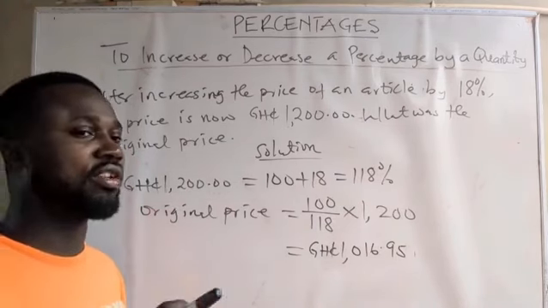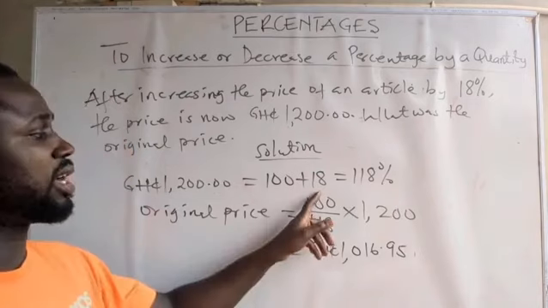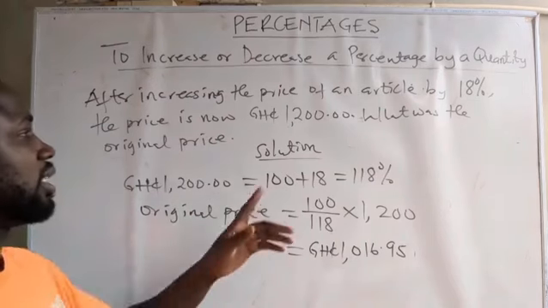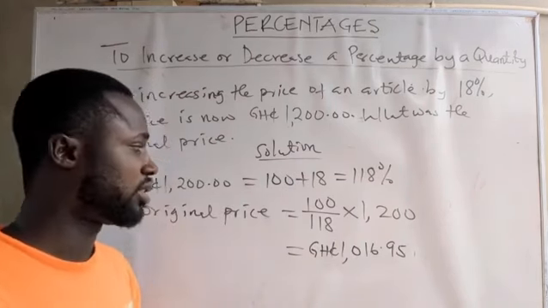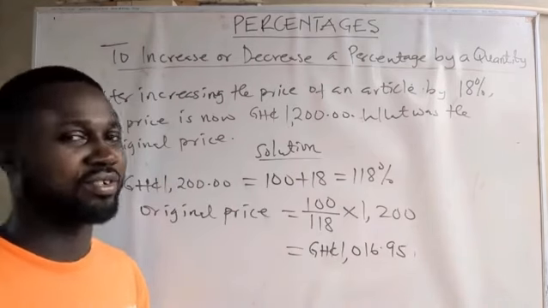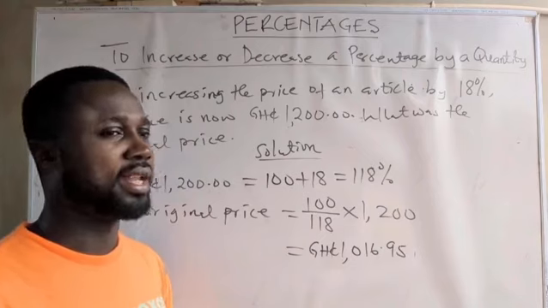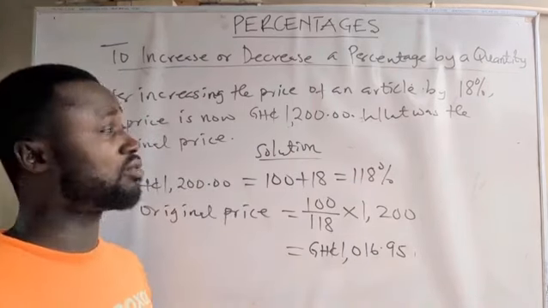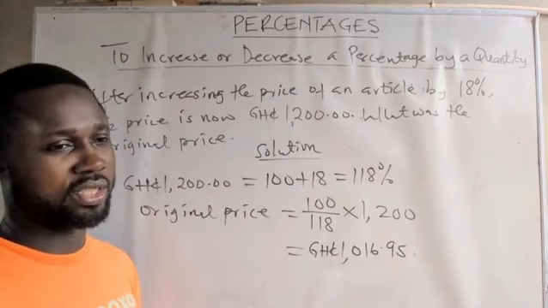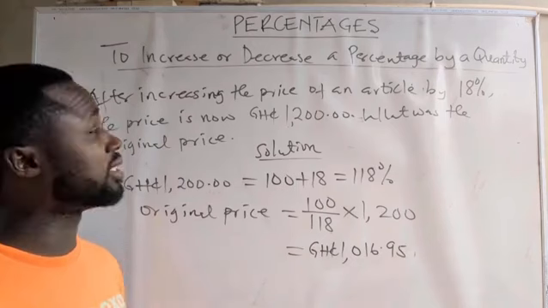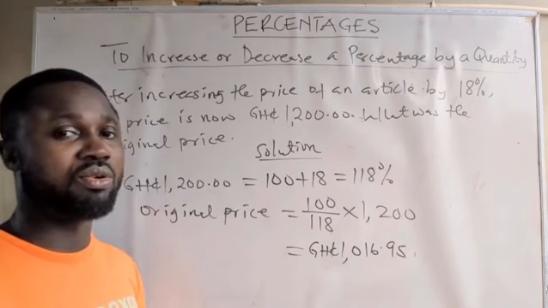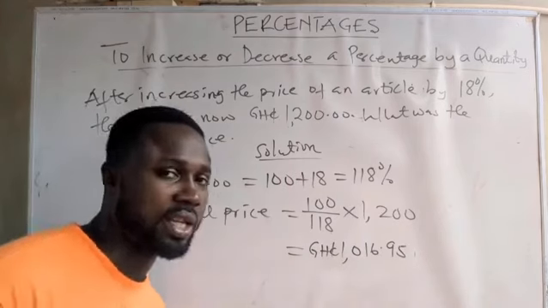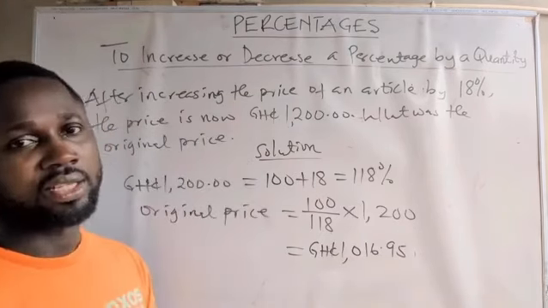The percentage of the value which you are looking for becomes the numerator, divided by the percentage of the value that has been given in the question, and you multiply by the value. I think this is so simple. It is easy to do. And I will see you again in another class as we see more examples on this. See you once again in our next class.